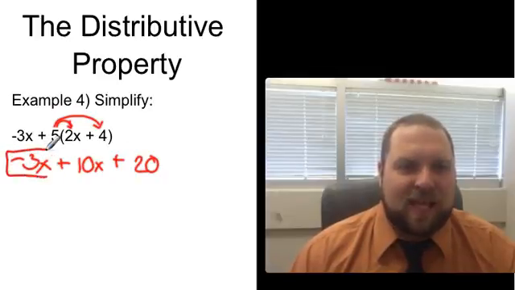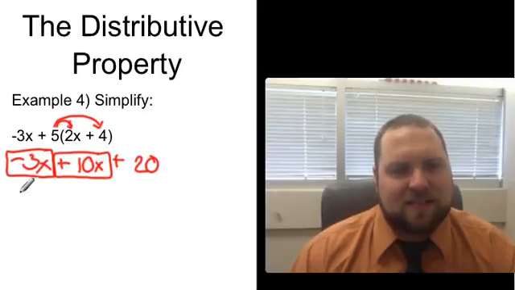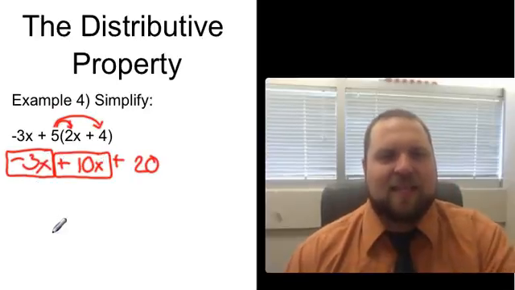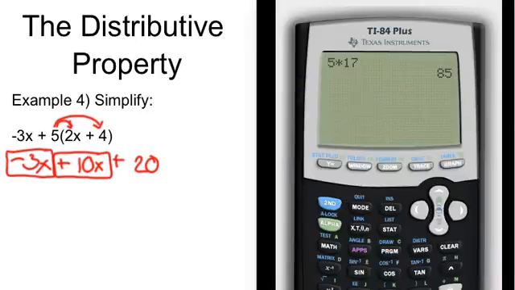The first term I have is linear in x, so I look for any other linear x terms, and these two are like terms. They're both linear with x as the variable. So negative 3x plus 10x. Again, if you are ever even remotely unsure, go ahead and type that in and make sure that you know what's going on.